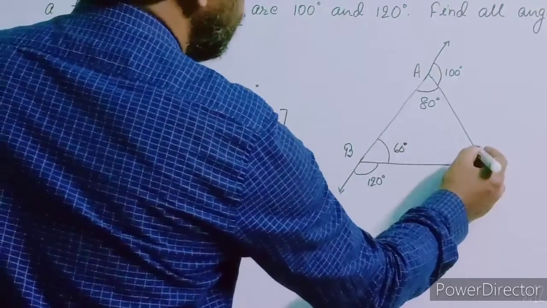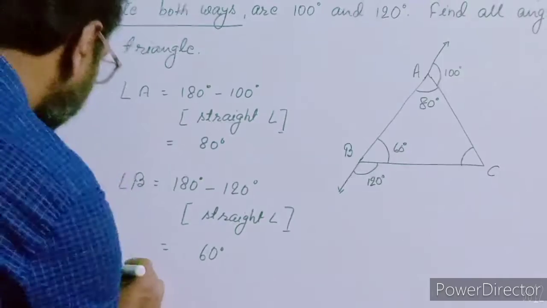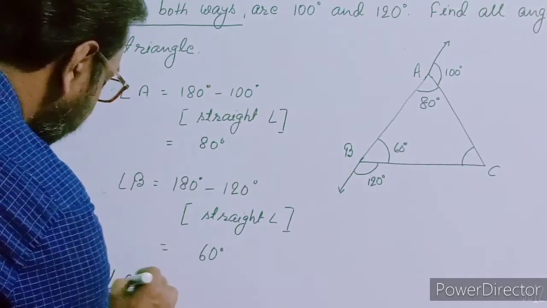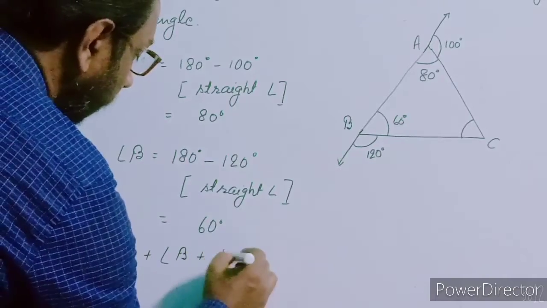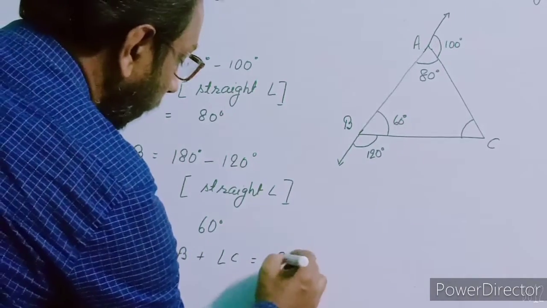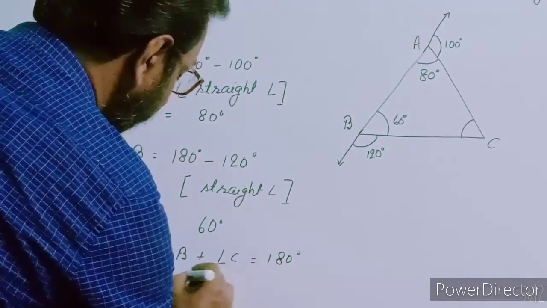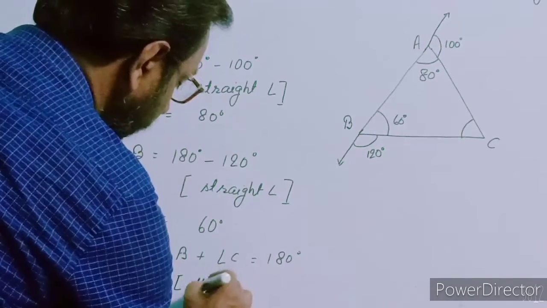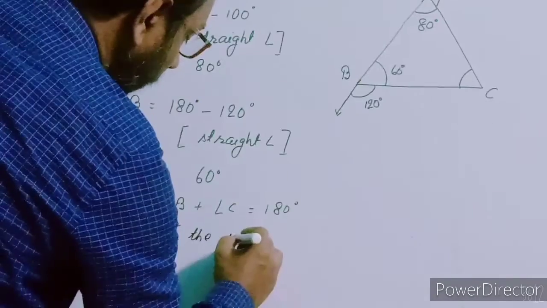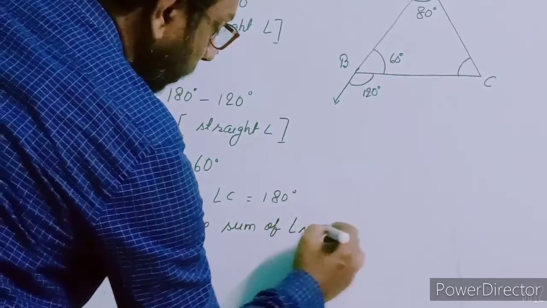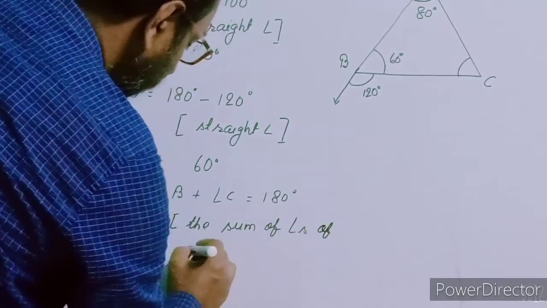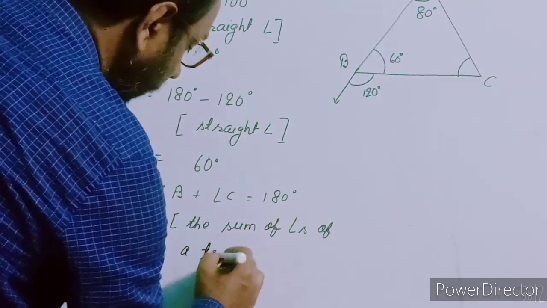Now angle C is left. We write angle A plus angle B plus angle C equal to 180 degree. Why? These are the sum of angles of a triangle.